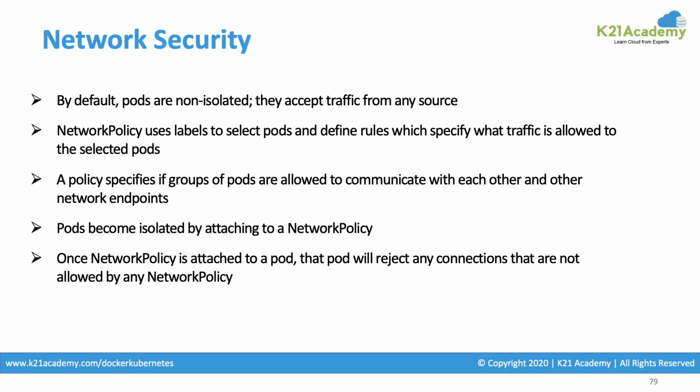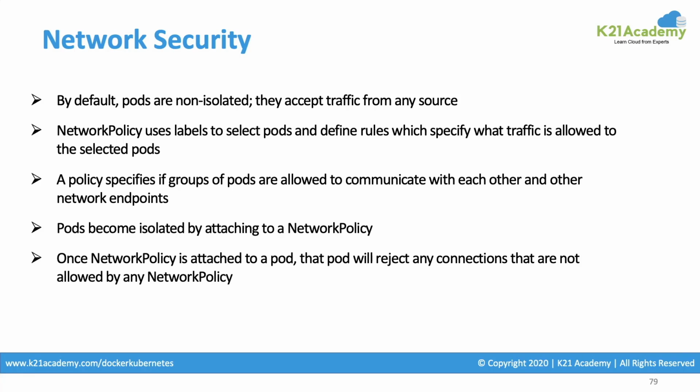In this way, I'm isolating a pod, saying that incoming traffic is coming only from specified IP addresses, or from a specific subnet, or from a specific pod itself, right? So you are attaching a policy and restricting the incoming traffic or the outgoing traffic.